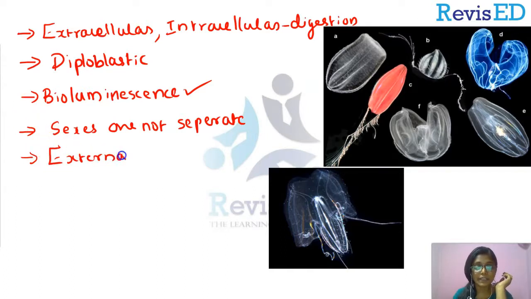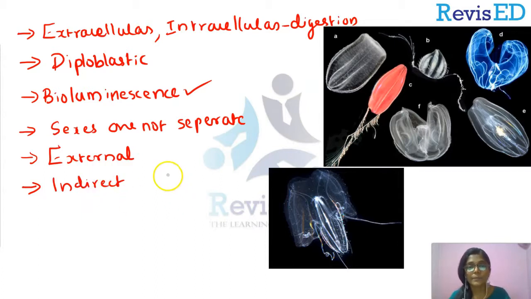It is not taking place inside the body of the animal, but in the external medium. Which is the external medium here? Yes, it is water. And development is indirect, which means the zygote does not develop directly into the adult, but there is an intermediate stage called the larval stage.